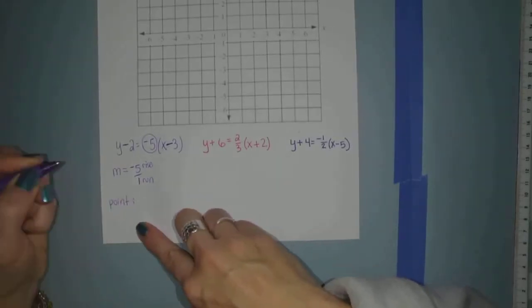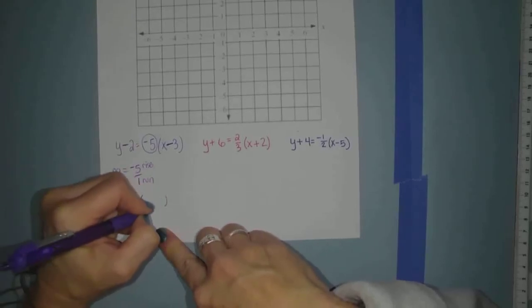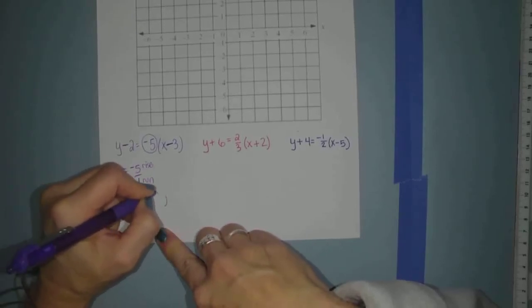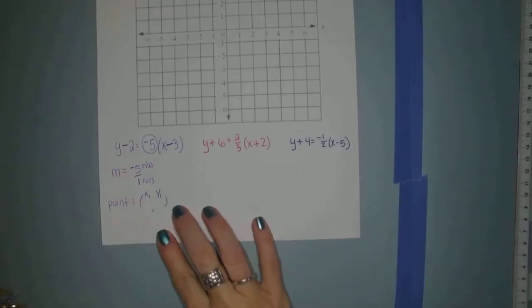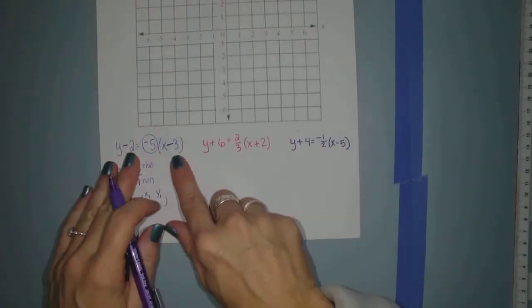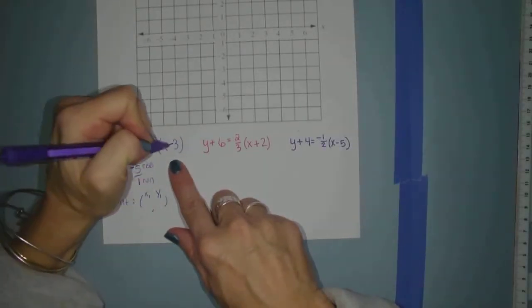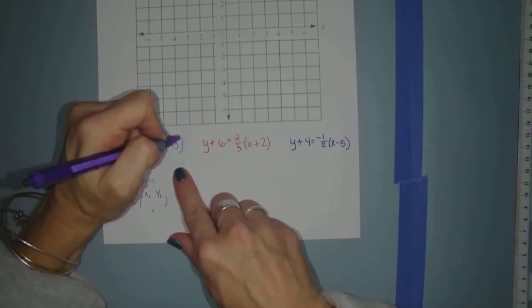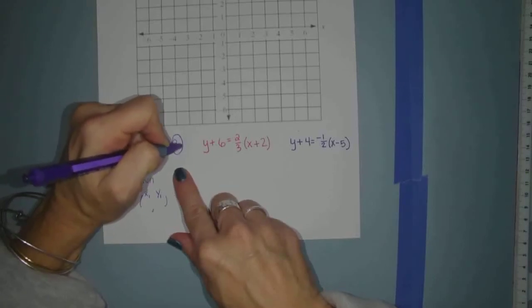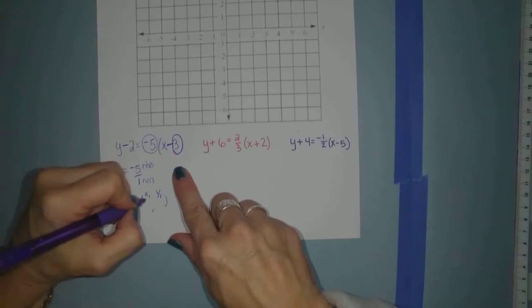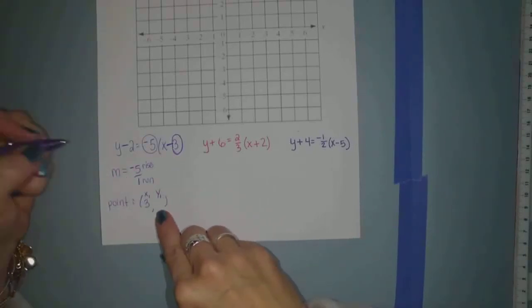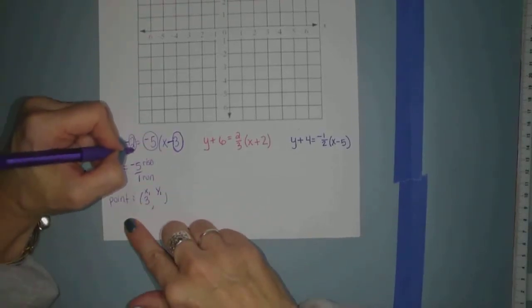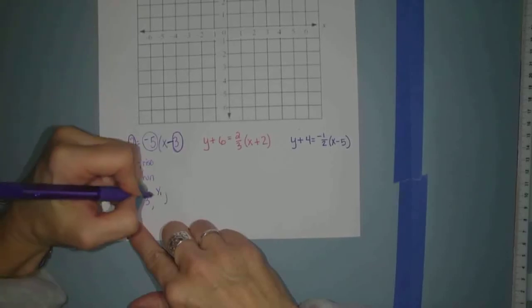This is our launching point. We know x sub 1, y sub 1. So our point coming straight from the equation, because I have my minuses, I can just take the number behind it. The x sub 1 is behind the x, that's 3. And the y sub 1 is behind the y here, that's 2.